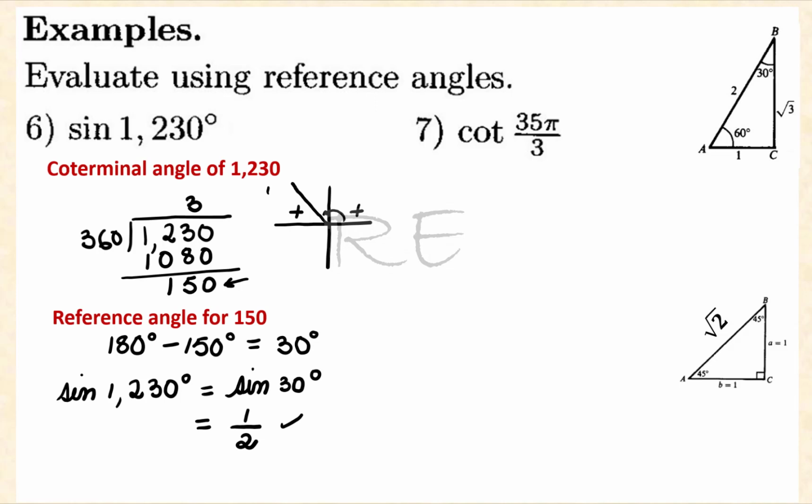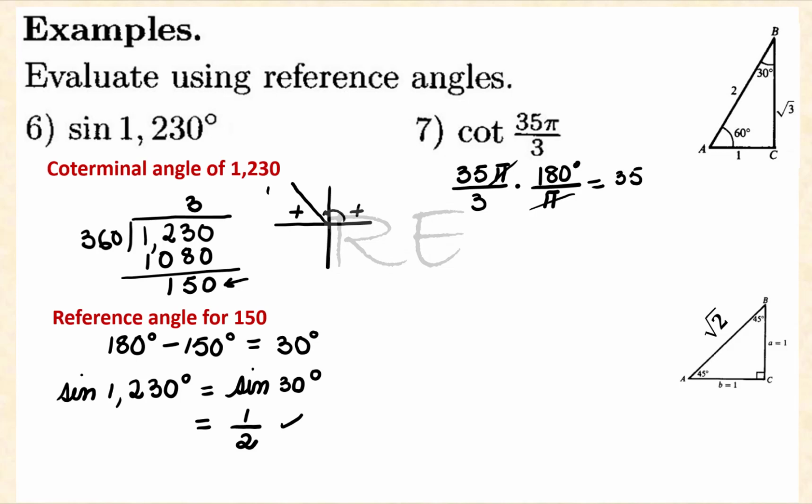One way to solve 7 is to convert 35 pi over 3 into degrees. So we're going to multiply 35 pi over 3 by 180 degrees over pi. Pi will get cancelled. 180 divided by 3 is 60.